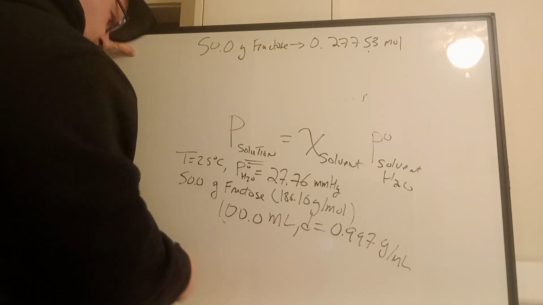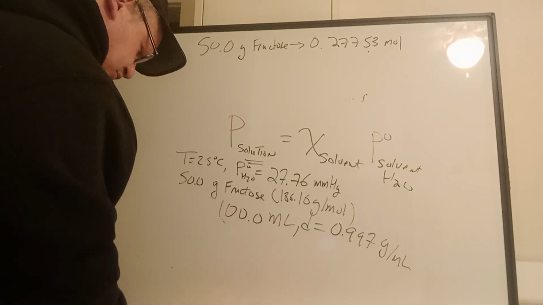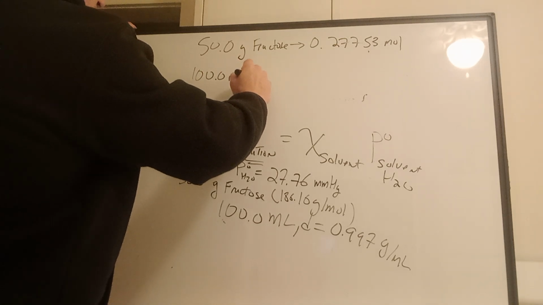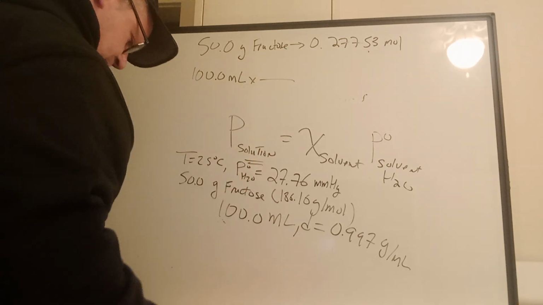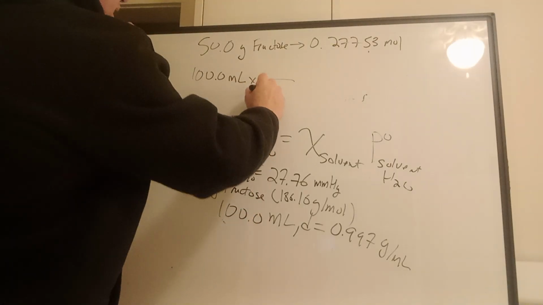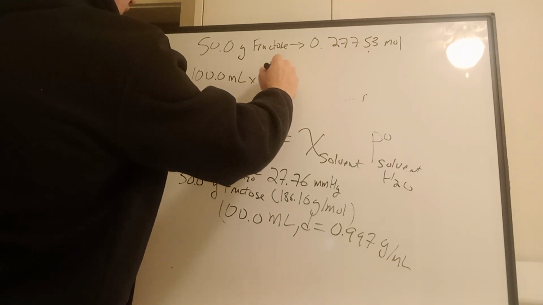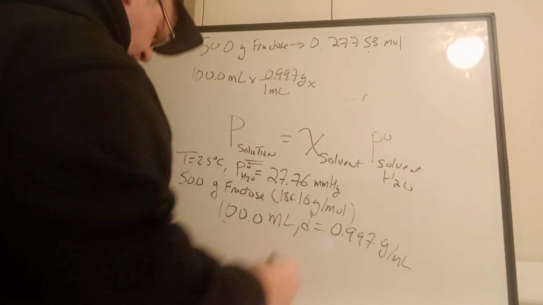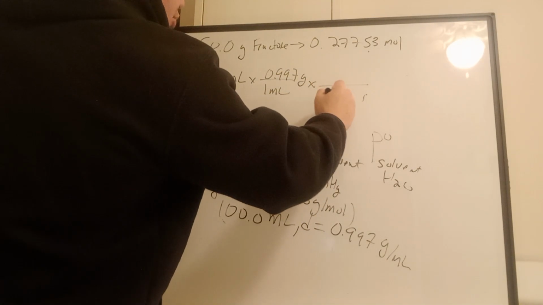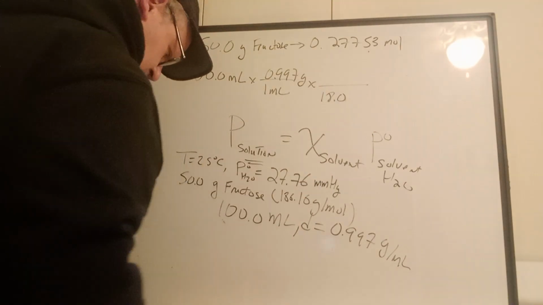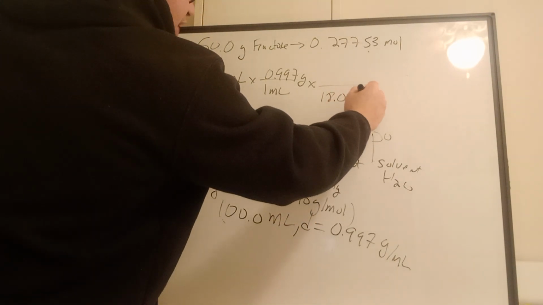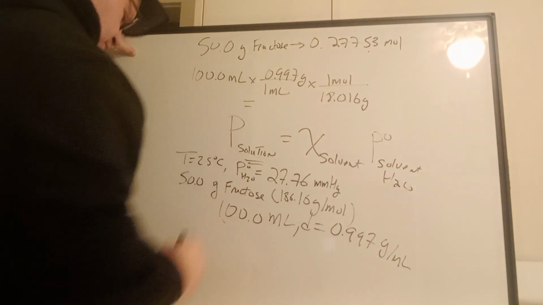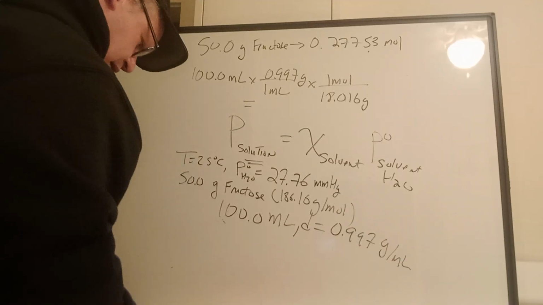The water is 100 milliliters. So let's do the calculation for that. 100 milliliters of water times the density, 1 milliliter is 0.997 grams of water. And then we have 18.016 grams of water per 1 mole of water, which equals, let's see here, it's quite a big number.